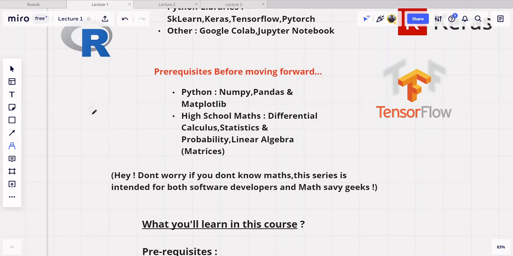I will be creating this series for both software engineers and the math-savvy geeks, who also want the maths for that.